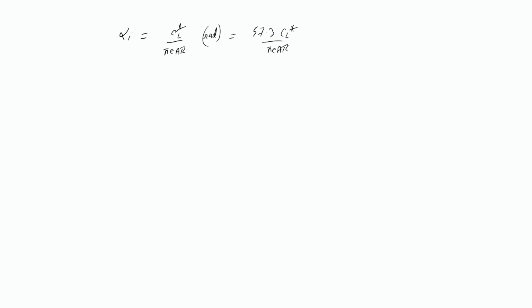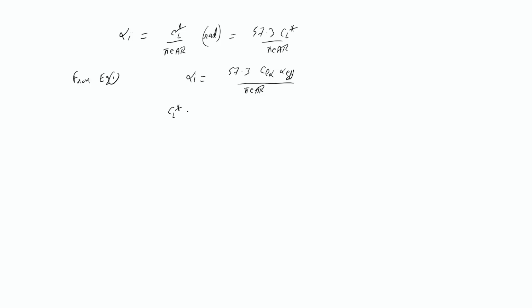Okay. So now from equation 1, you can easily write alpha i equals 57.3 Cl star, where Cl star is given as C small l alpha into alpha effective, divided by pi E AR. Now, what happened to Cl star?